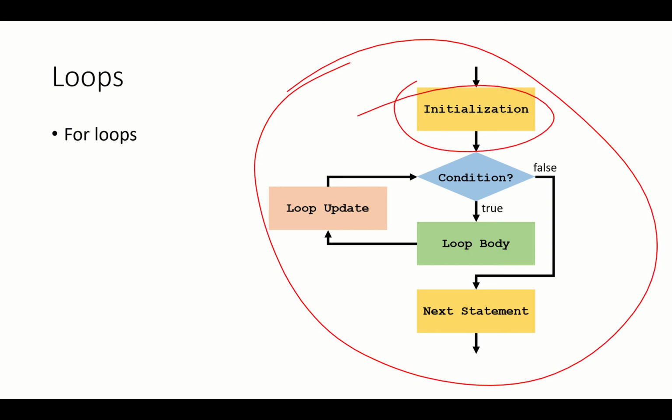First, we give the initial value and the condition, you give the maximum you want to count, okay? And as long as this condition returns true, you will do this loop body repeatedly, okay?